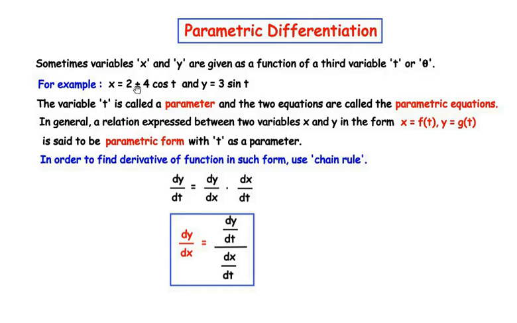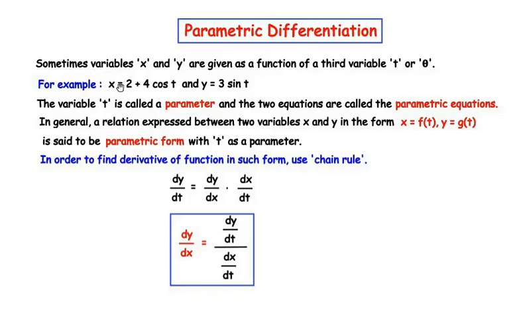For example, here we have two equations. The equation for x can be written in terms of t as 2 plus 4 cos t, where x is a dependent variable dependent on the independent variable t, and the dependent variable y is written in terms of the independent variable t, that is y is equal to 3 sin t.